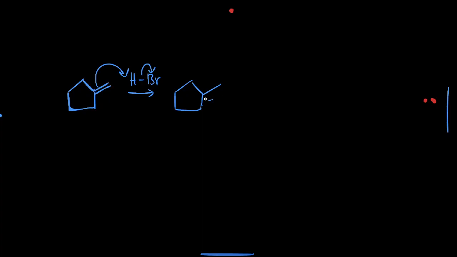So we will obviously form the more stable carbocation, with our bromine floating in solution, which attacks the carbocation with its lone pair, leading to the formation of our final product, the Markovnikov product, which is going to look something like this.